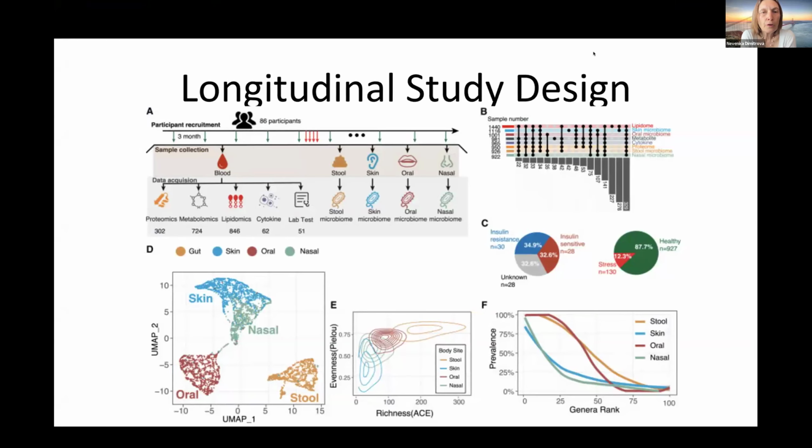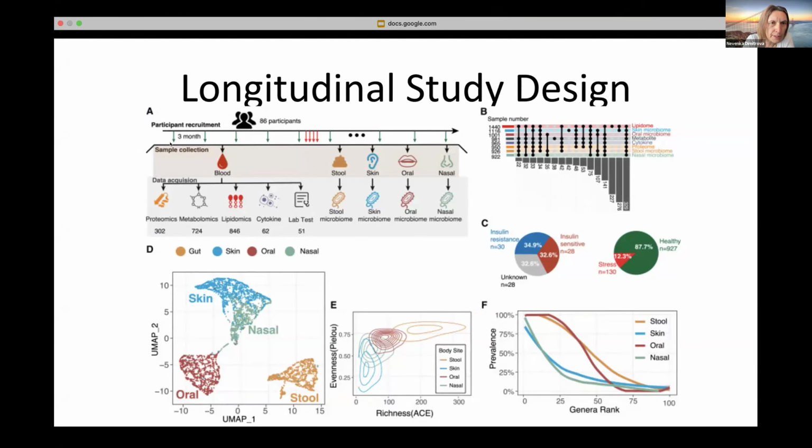And this is the overall study design. At the top left, you can see that every 3 months there is sampling of individuals. The sample collection goes across blood in order to derive all of this fascinating data: the full proteome from plasma, and also a metabolomics profile. These are untargeted.